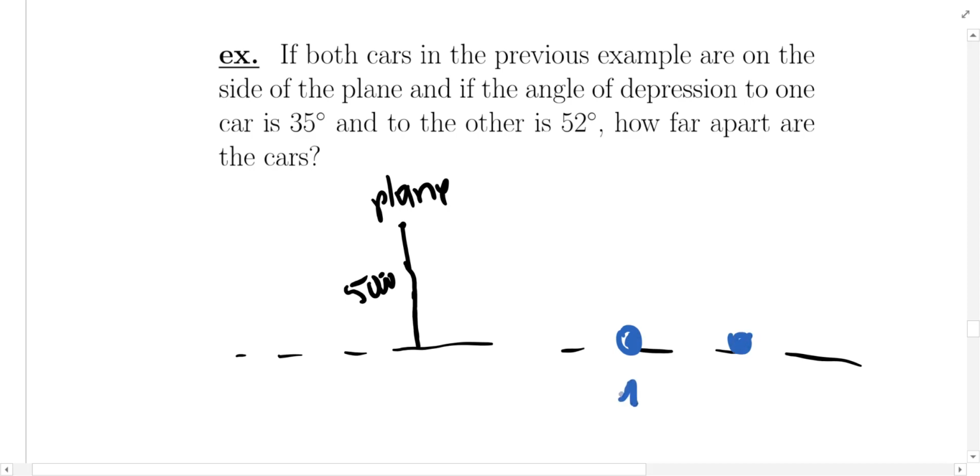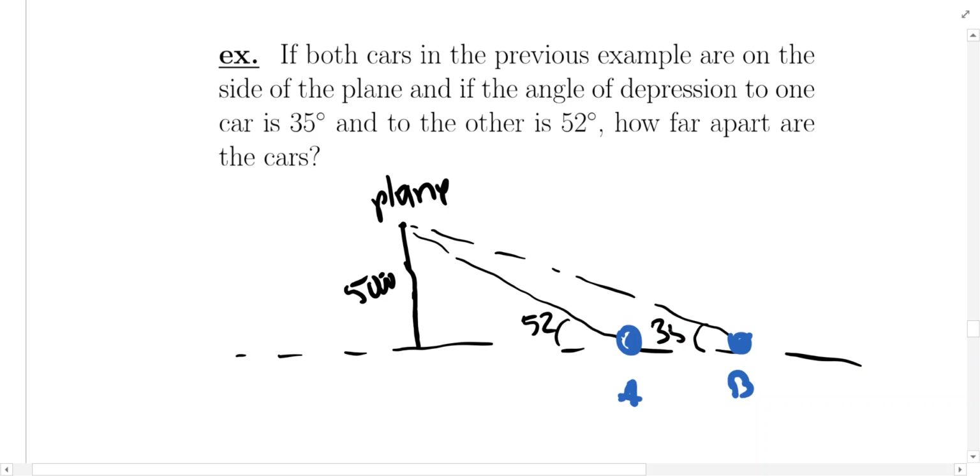So car A, car B. And if the angle of depression to one is 35, this is 35, and then the angle of depression to the other is 52. This is 52, this is 35. Now the answer is how far apart the cars are. Well, it's this distance right here that I'm interested in.